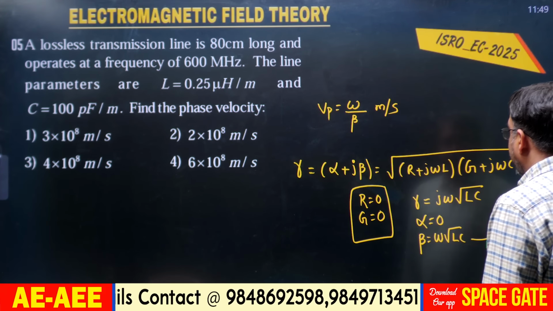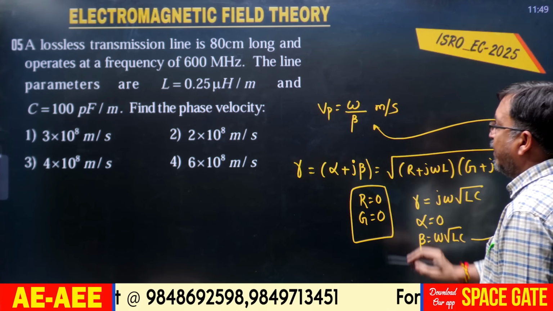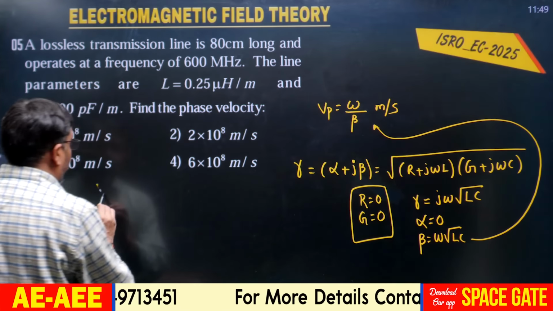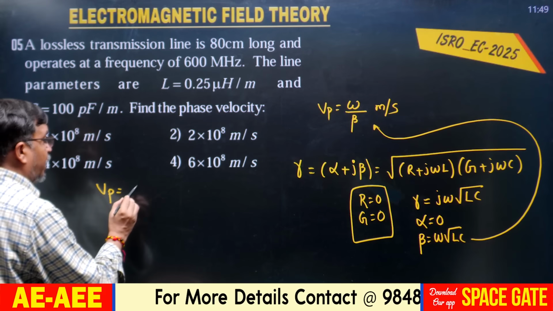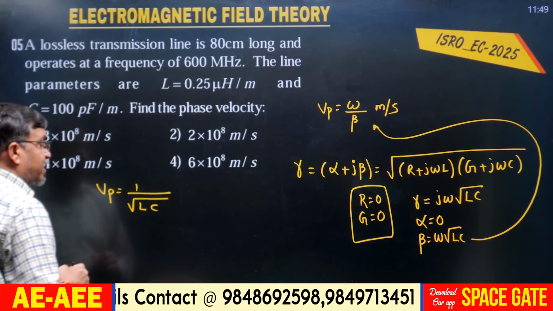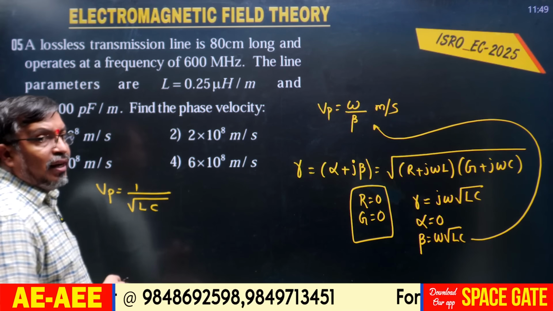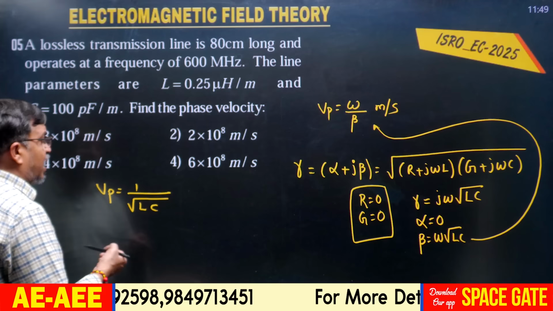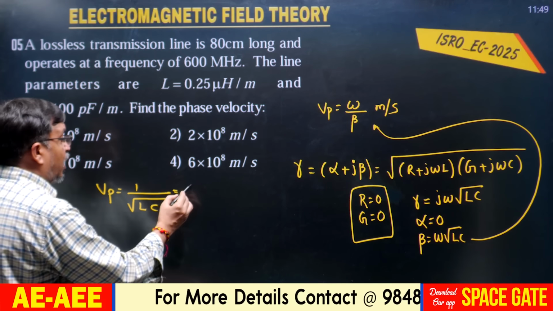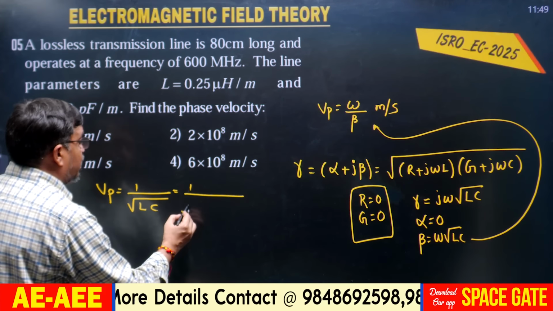If I substitute this beta value, then phase velocity Vp equals 1 by under root of LC. What is L here? Series inductance, units are Henry per meter, and C is shunt capacitance, units are farads per meter. Now I am substituting the given values here.